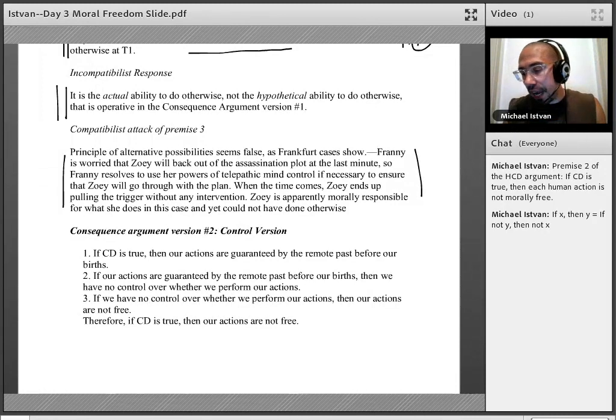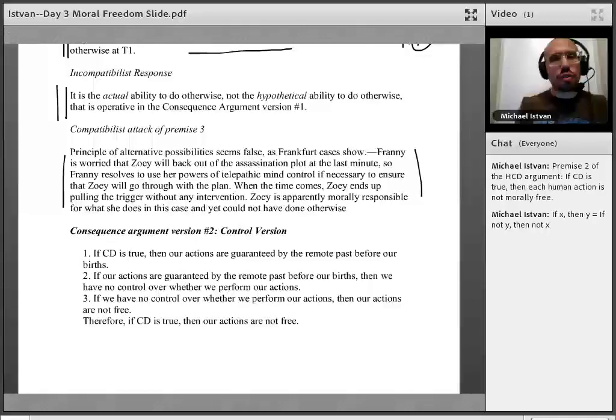Some people say that Frankfurt cases actually assume that determinism is true. One of my mentors, I think Hugh McCann, a scholar in the philosophy of action, always said the Frankfurt style cases are assuming that determinism is true. I remember that was his ritornello. He would repeat that all the time. But I'm not going to get into that now.